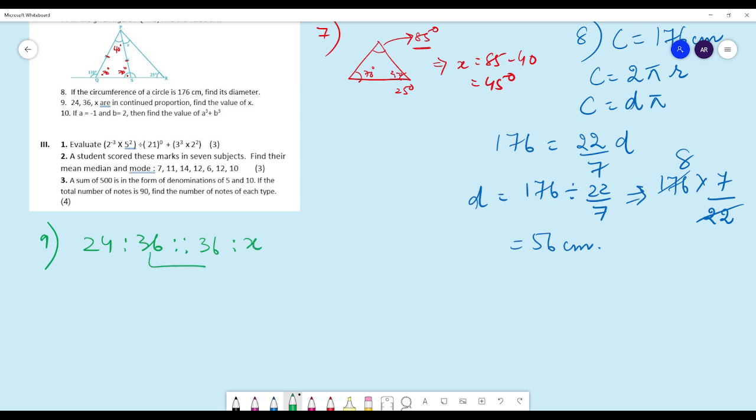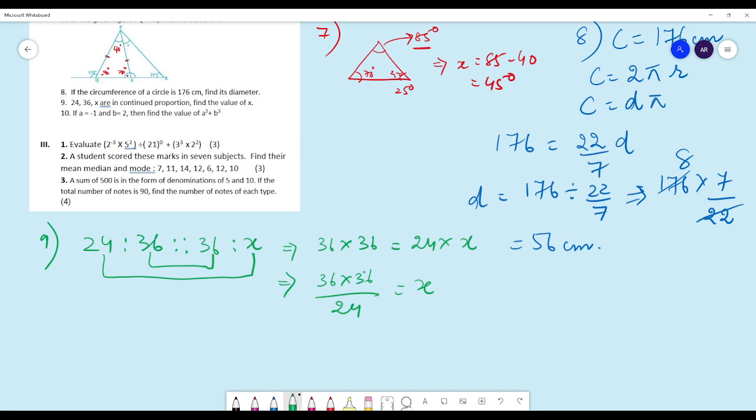So if you remember, the product of means is equal to the product of extremes. This means 36 into 36 should be equal to 24 into x. Now we are moving the numbers to one side. It is multiplied over here, so it becomes divided on this side, and you don't even need to go into complicated calculations.